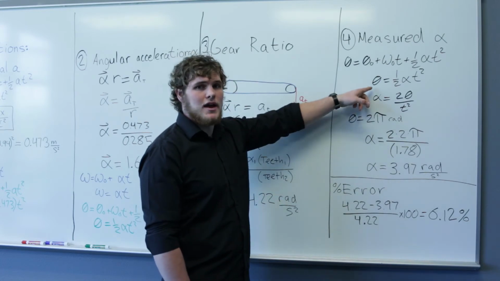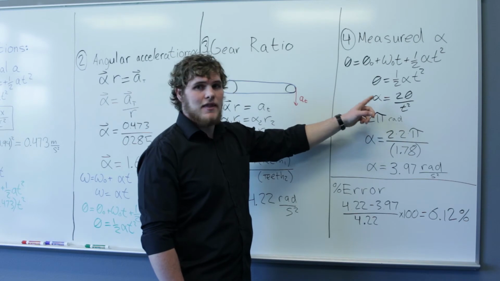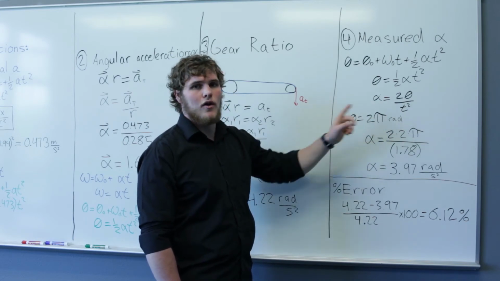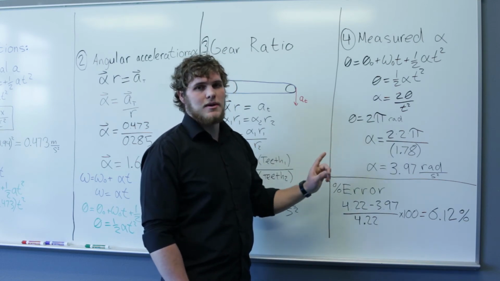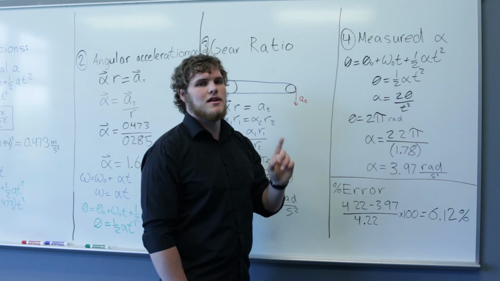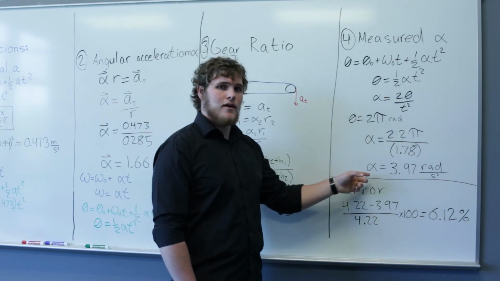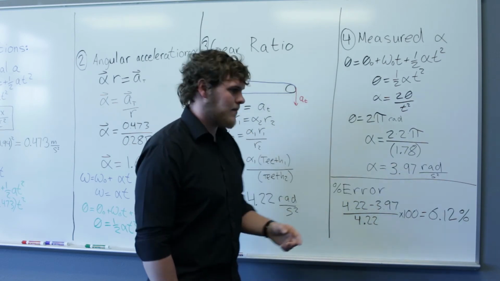We can solve for theta, saying theta is equal to 1/2 alpha t squared, and then solve for alpha, saying that alpha is equal to 2 theta over t squared. Theta in this equation is going to be equal to 2 pi, since that is the number of radians in one full revolution. We solve alpha to be 3.97 radians per second squared.